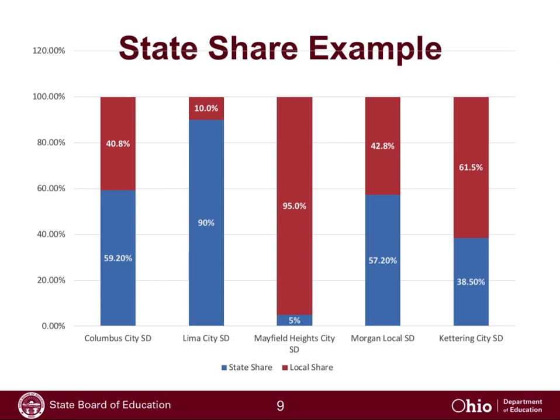And again, it's important to note that these amounts are applied to the computed value of what the state formula says a district ought to have available to it to educate students. Districts always reserve the right to vote themselves higher levels of local resources, whether through property taxes or the school district income tax, in order to go beyond what the state's computed amounts are.